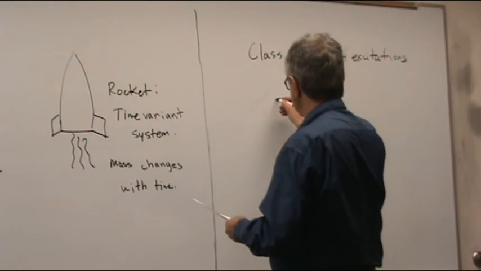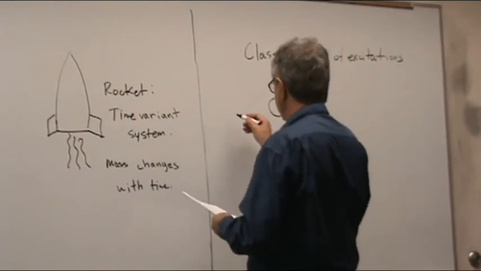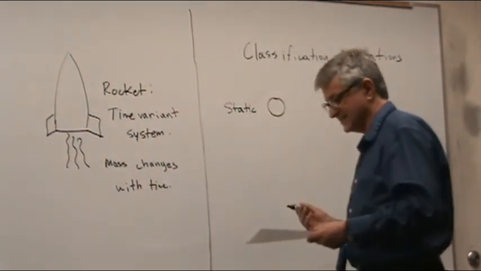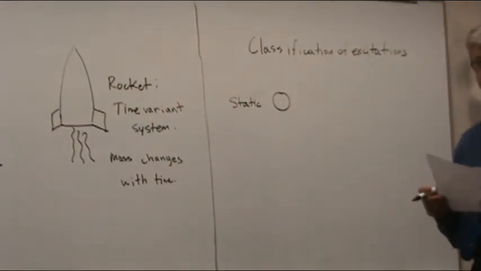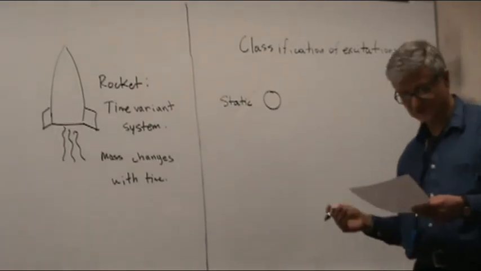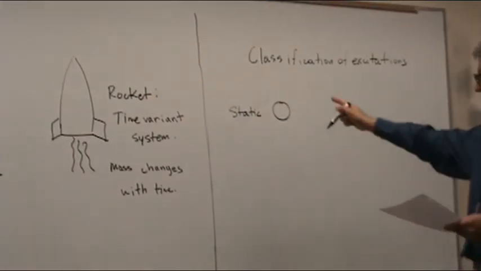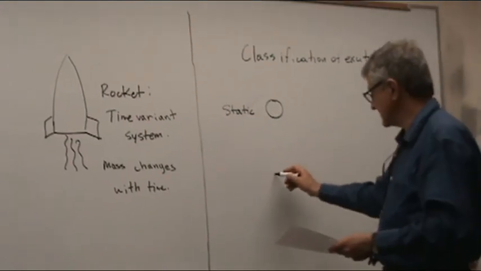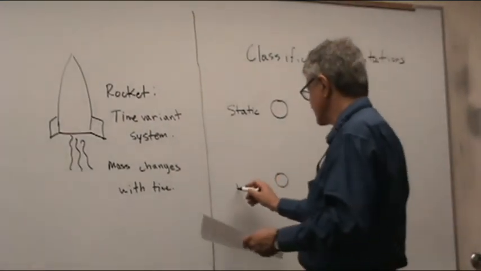The excitation can be static. Again, we represent the different types of systems with just some circles, or it can be dynamic. Dynamic means changes with time.